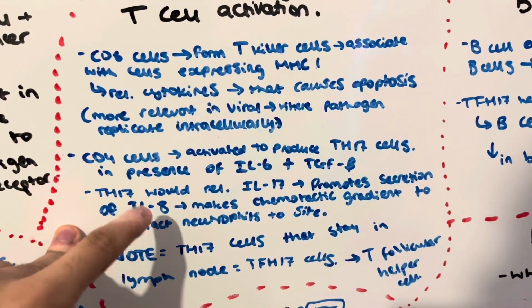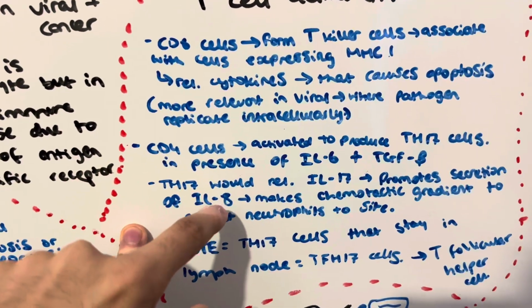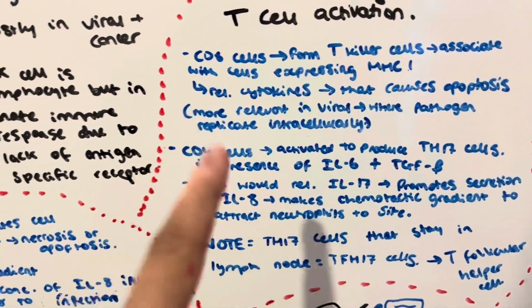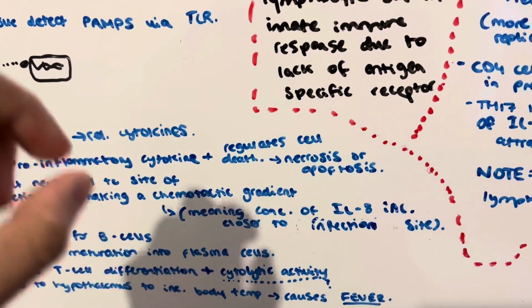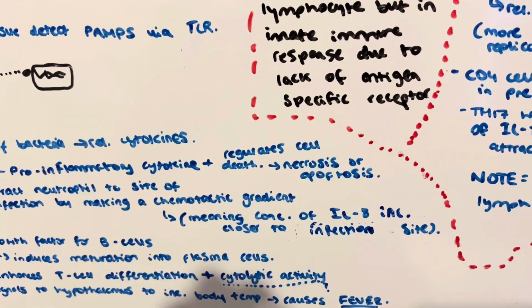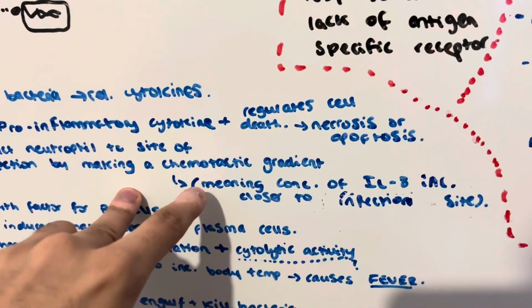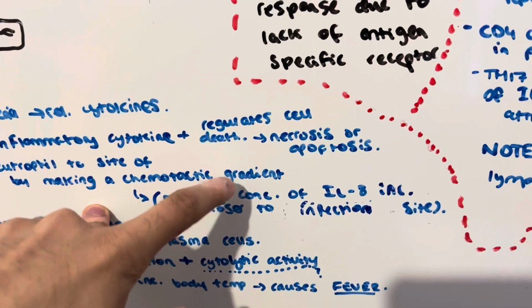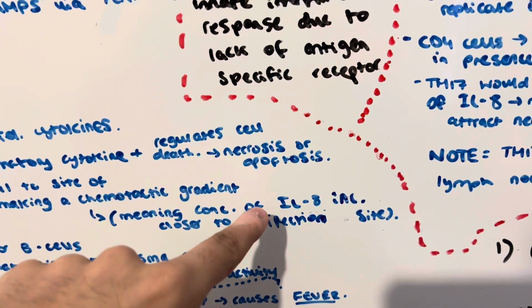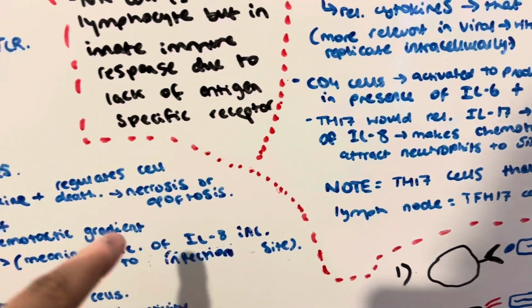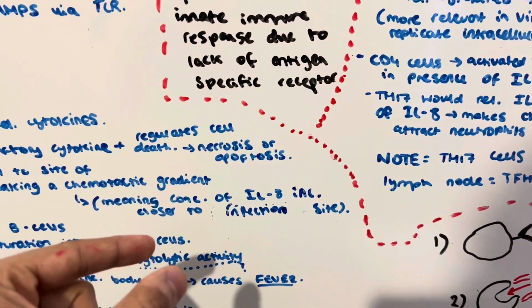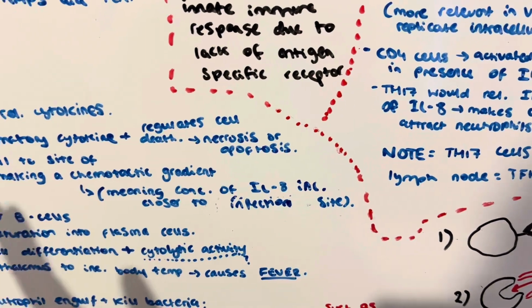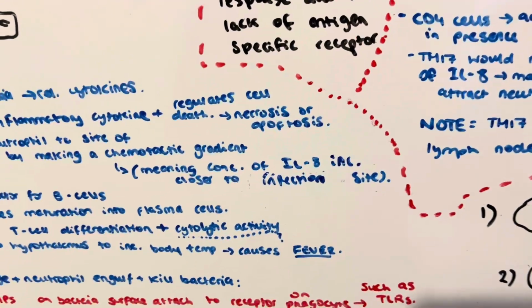And this would promote the secretion of interleukin 8. Remember what I said about interleukin 8? Interleukin 8 would induce neutrophil chemotaxis, meaning the concentration of interleukin 8 would increase closer to the site of infection because it wants to attract the neutrophils towards the site of infection.